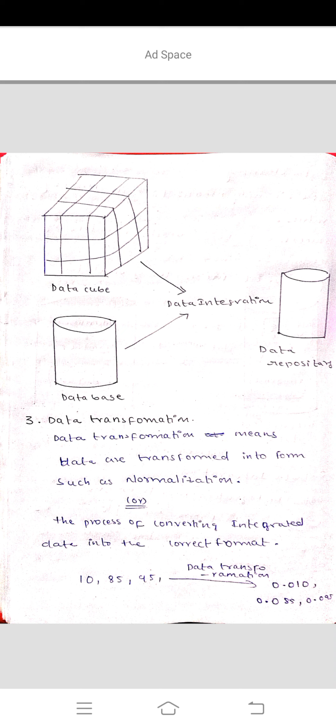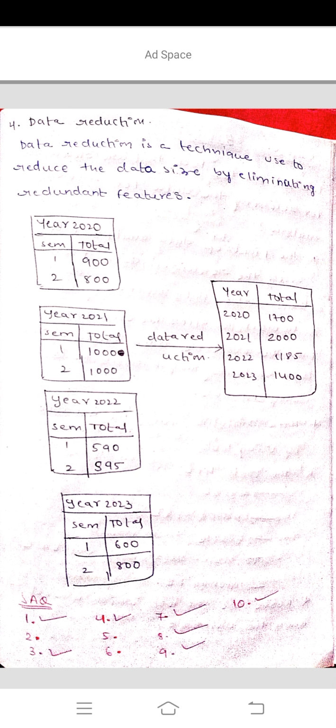And at last let us see data reduction. In the data reduction technique, we were writing four tables before the reduction. Reduction is nothing but making it short. Here we have written year and total in one table, not as four tables. So this is about data reduction.